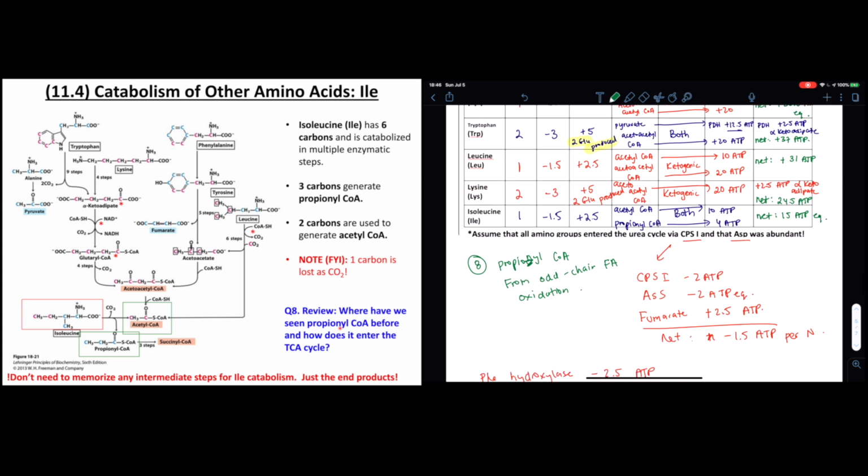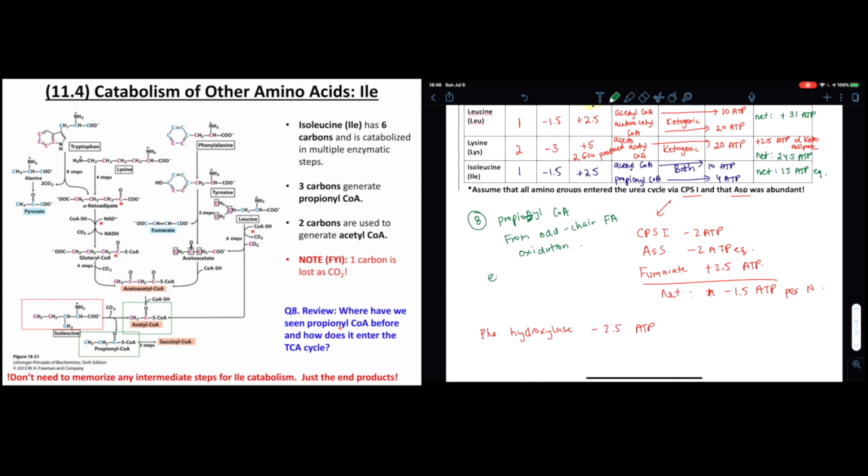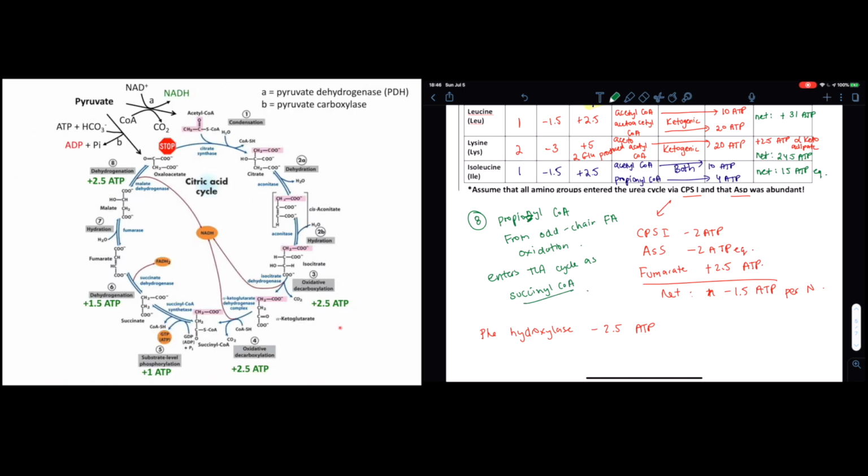And remember that it enters the TCA cycle as succinyl-CoA. Okay, and it makes it glucogenic because it enters at the bottom of the TCA cycle, like right here, which has the potential to make oxaloacetate, which can go on to make glucose through gluconeogenesis.